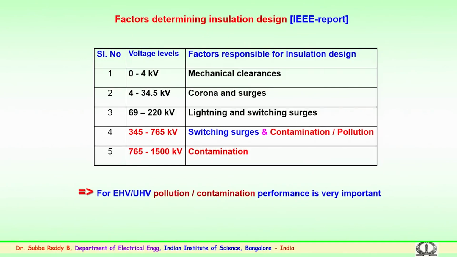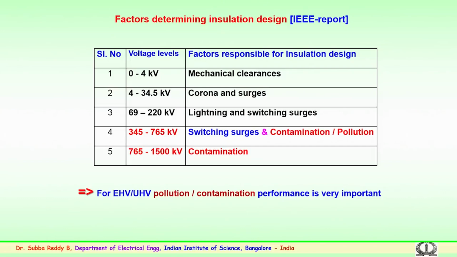So, this breakdown near the vicinity of the conductor poses a threat, and the clearances are important in these aspects. And because of lightning effects, the insulation design has to be looked into. Both factors are to be considered up to 33 kV or 34 kV.